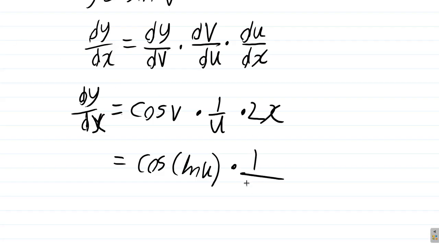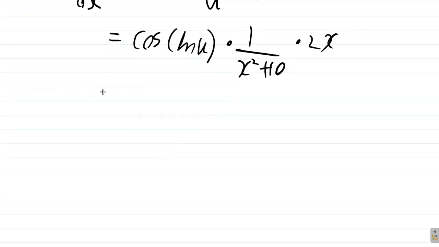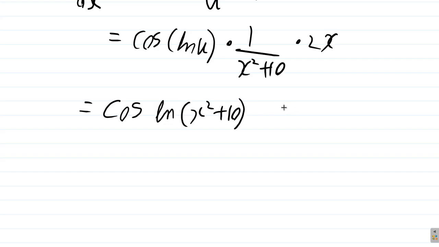So this is 1 over x squared plus 10 times 2x. Nothing to change in that last part. Now, we still have a u. So we can say that all of this is the cosine of ln u, which is x squared plus 10. You see that? Times 1 over x squared plus 10 times 2x.